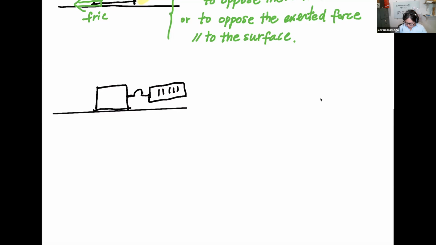And then I apply a push force to the right. When you apply a force, you've got to apply a big enough force before it starts sliding. Initially it may not move.